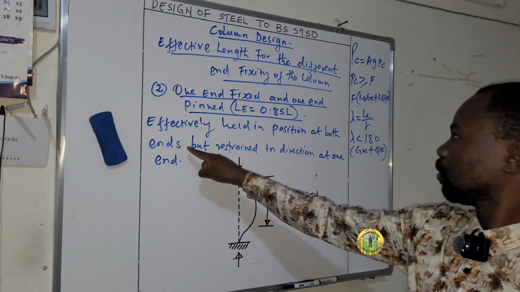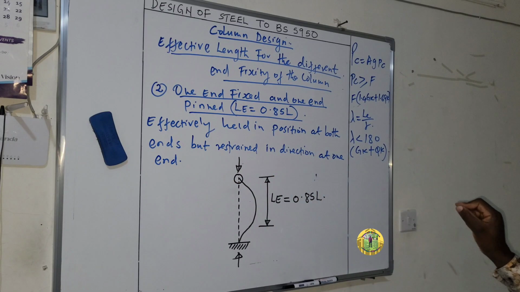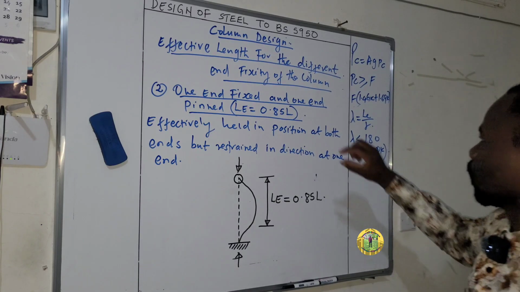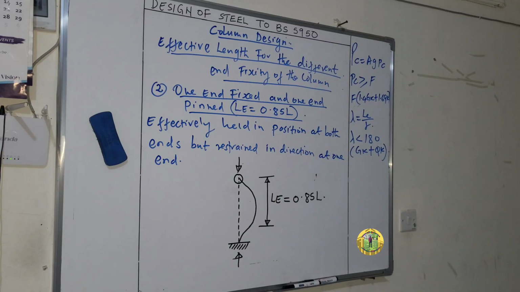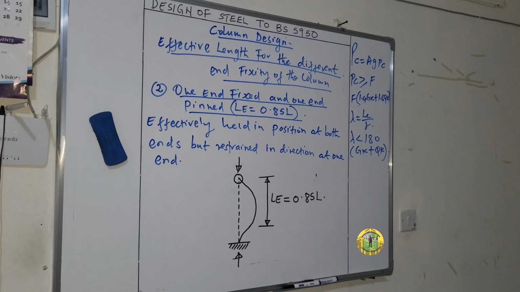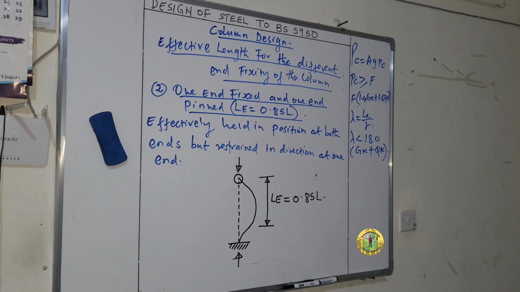And this is effectively held in position at both ends, but restrained in direction at one end. So this statement is explaining this statement, both of them are the same thing. So LE is equal to 0.85 L. So we proceed to number 3.